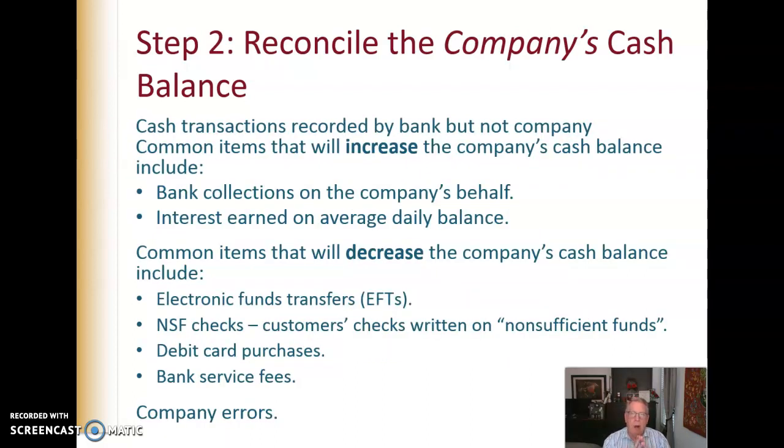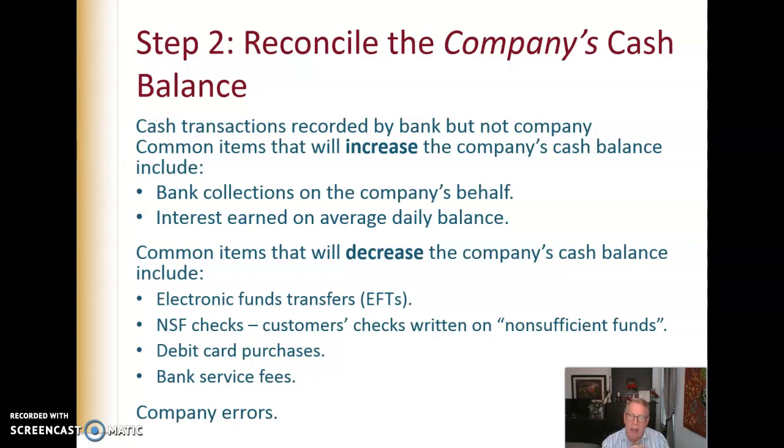The company side is a little different. But before I get into the company side, I want to say that if there is a bank correction, like we just did in step 1, we don't make any subsequent journal entries. Even if there's a bank error, we don't make any subsequent journal entries.